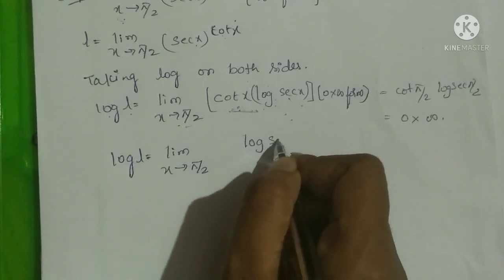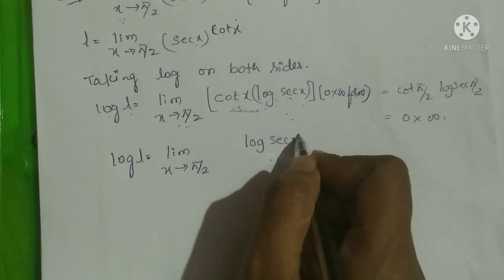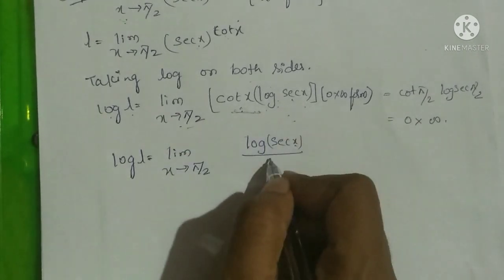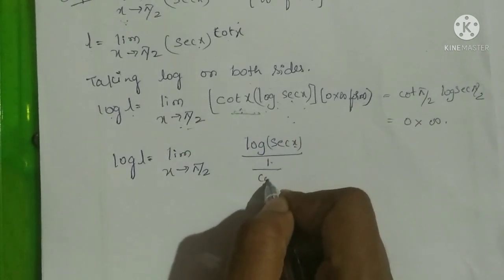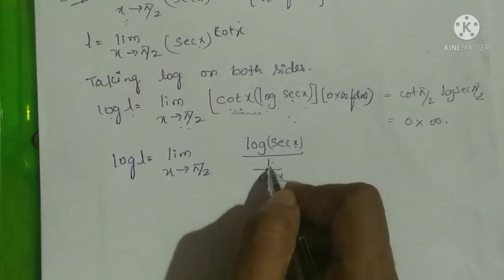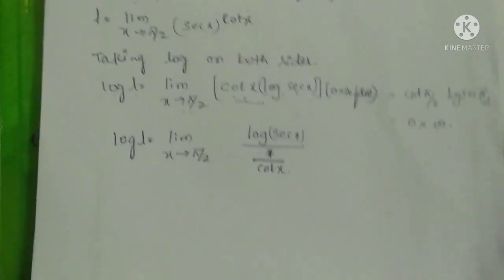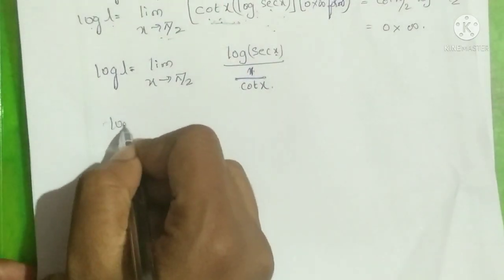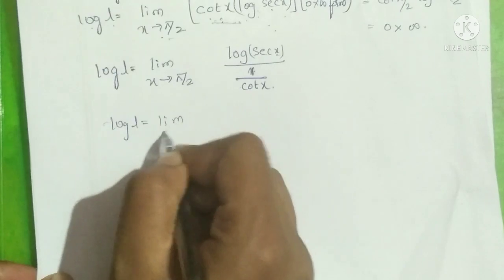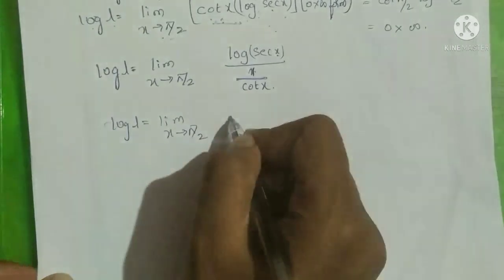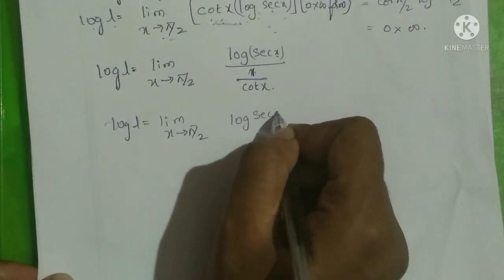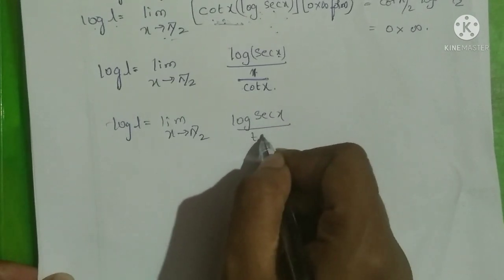So log secant x stays in the numerator, divided by 1 divided by cot x. Then log L equals limit x tends to pi by 2 of log secant x, and 1 divided by cot x can be written as tan x.